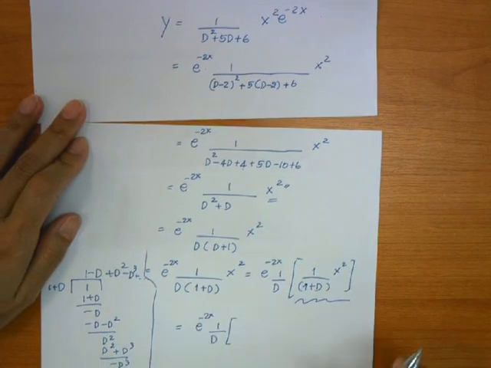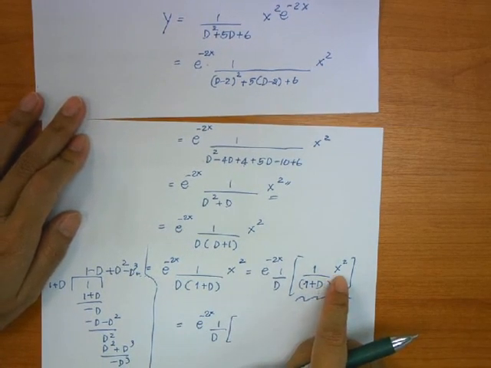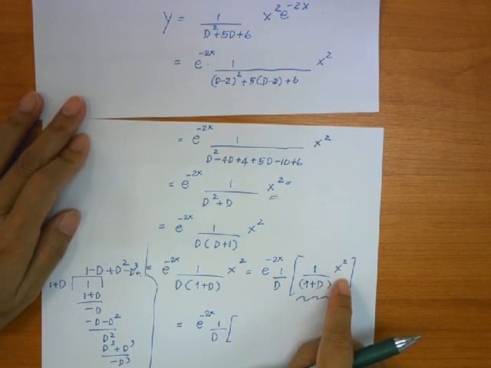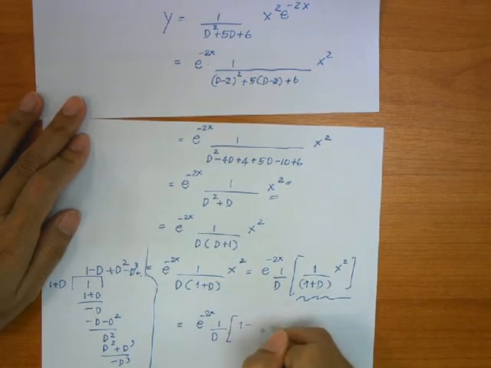So that means you do until D to the power 2. You don't need to do D to the power 3, right? If D to the power 3, that means the third derivative of x squared. The third derivative of x squared equal to 0. So you don't need to do further.